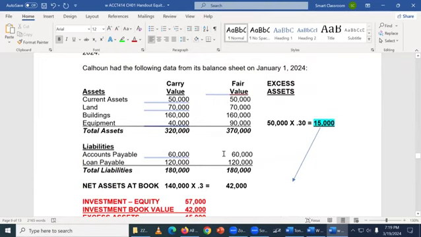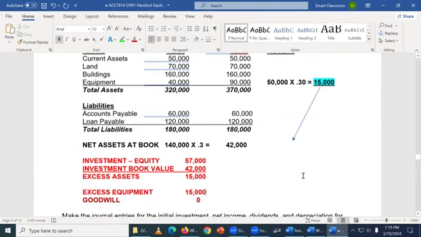We could have done the fair value, and the fair value would have included those two. Because you'll notice that the fair value we had for this one in the beginning was 57,000, and it included that 15,000. The book value does not have that 15,000. It's two different ways of doing it, but it's the same thing.